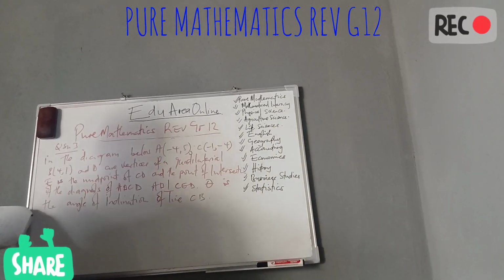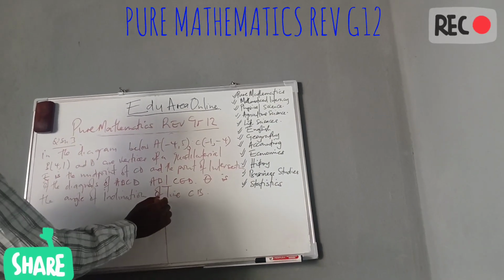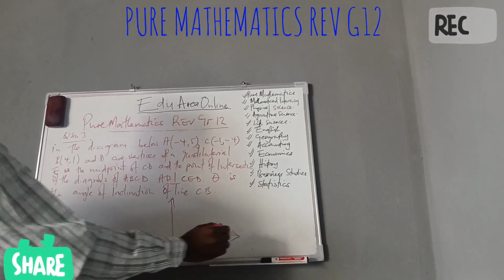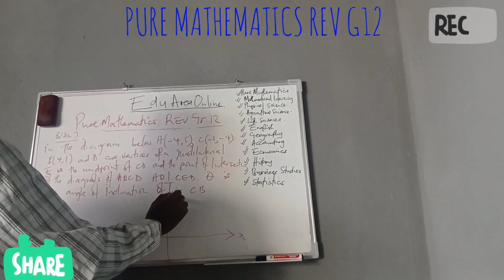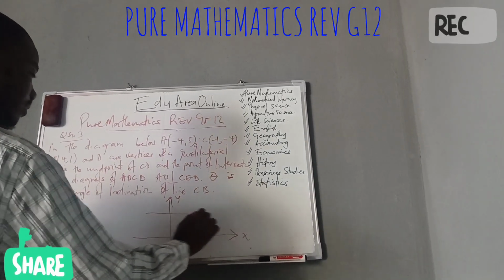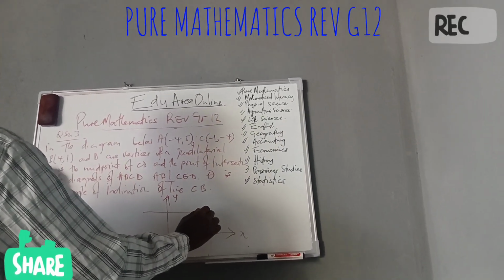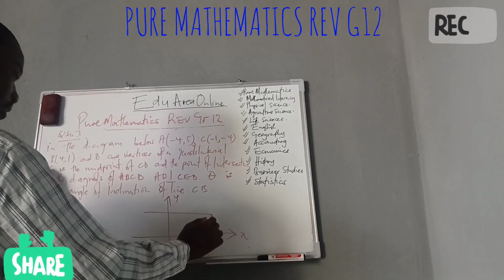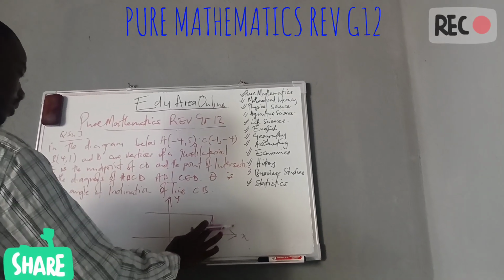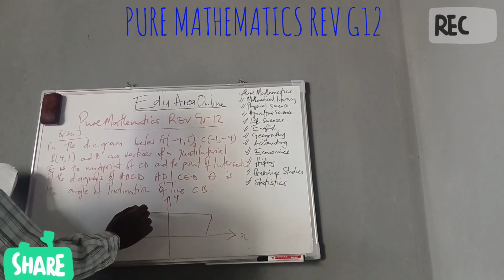Right. So the diagram looks like this. This is our x, this is our y. So the diagram was something like that. Let me put it like this. Then here it was like that.